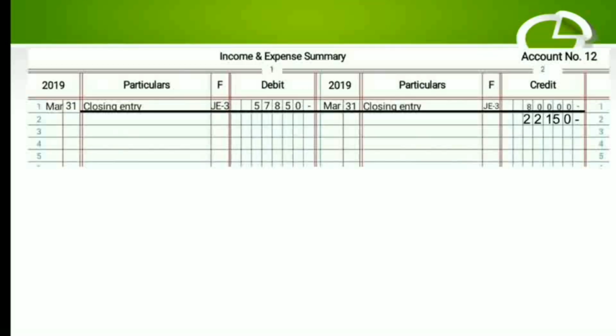After putting the debit and credit entries of the income and expense summary account ledger, the next thing that we're going to do is to close the income and expense summary to S. Santos Capital account. The income and expense summary account showed a credit balance of 22,150 pesos. So since it is a credit balance, in order to close it, we need to debit the income and expense summary by 22,150.